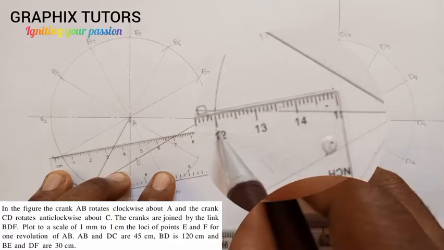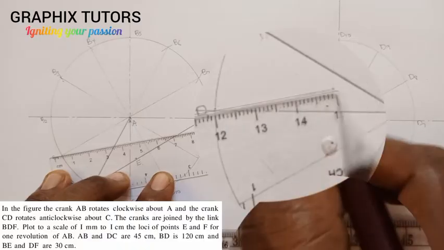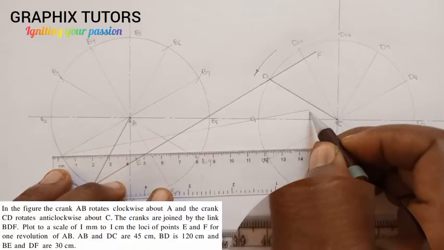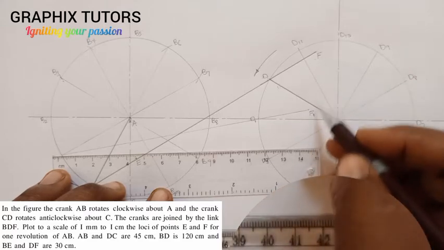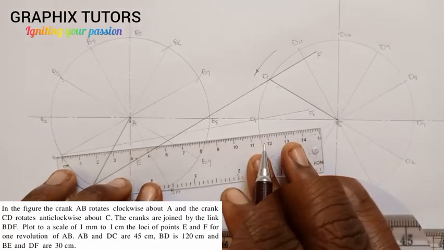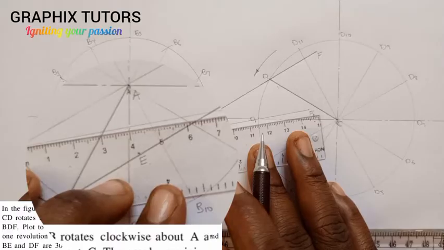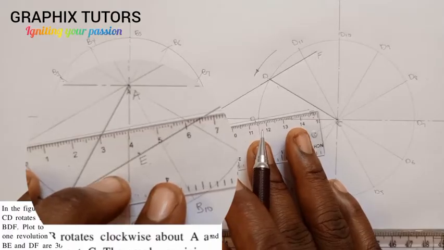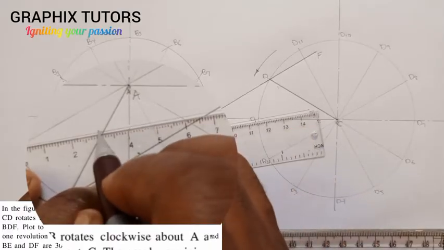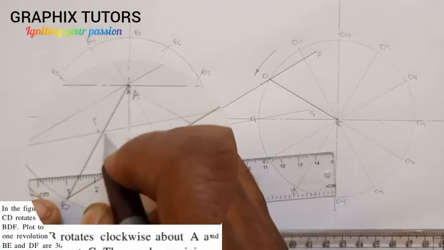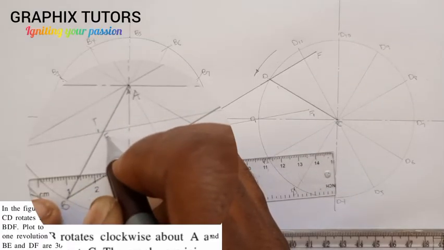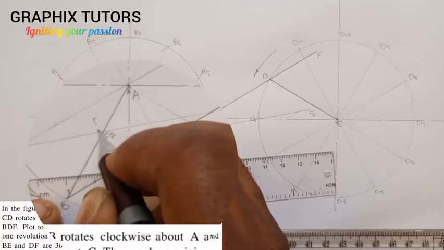This is 0, 10, 20, 30. So this will be F1. This is F, here will be F1. Normally if I measure 30 from here, this will be F2.